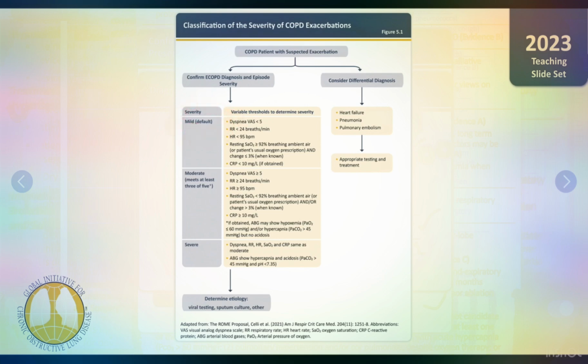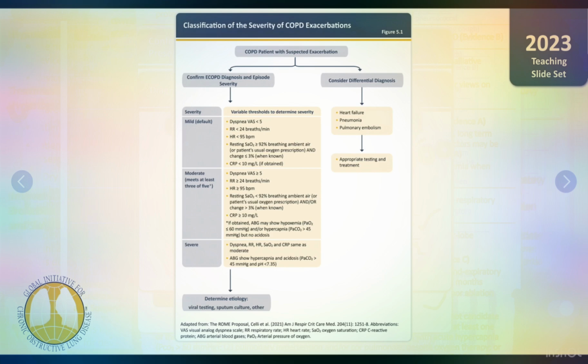We call it mild exacerbation when, by variable thresholds to determine severity, dyspnea VAS is less than 5, respiratory rate is less than 24 breaths per minute, heart rate is less than 95 beats per minute, resting saturation of oxygen is more than 90% breathing ambient air or the patient's usual oxygen prescription, change is less than 3%, and CRP is less than 10 milligram per liter if obtained.